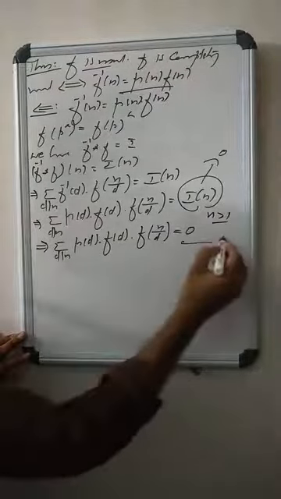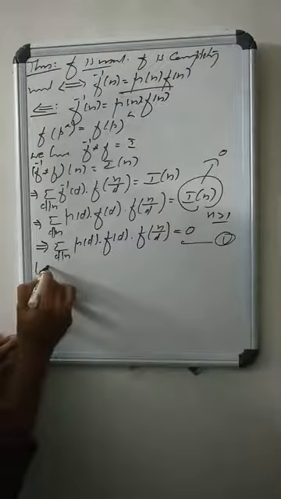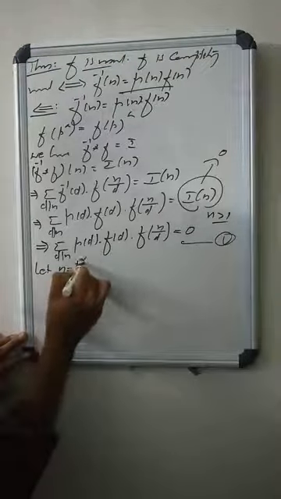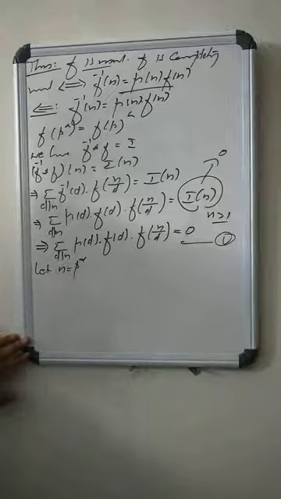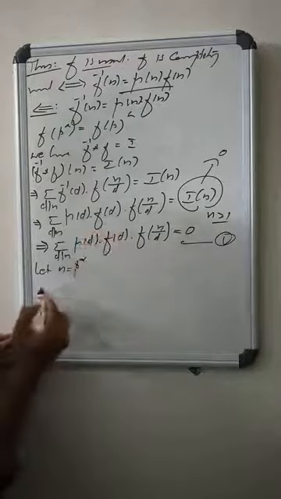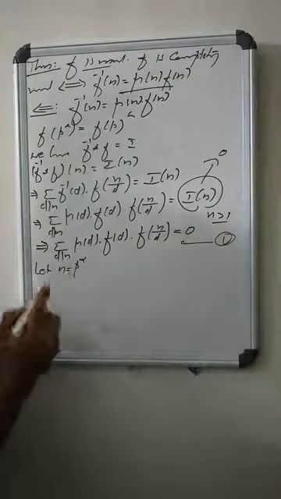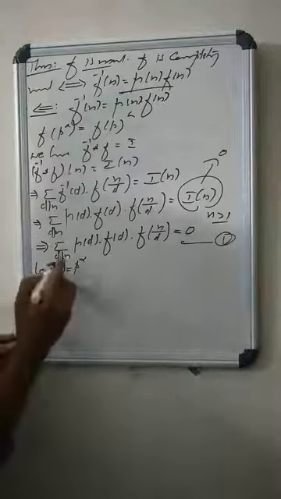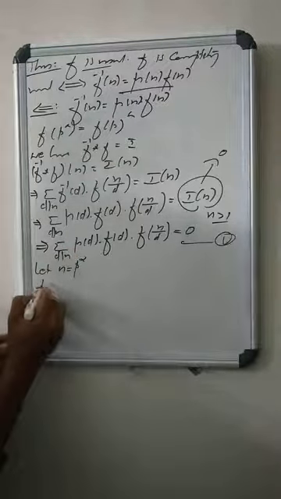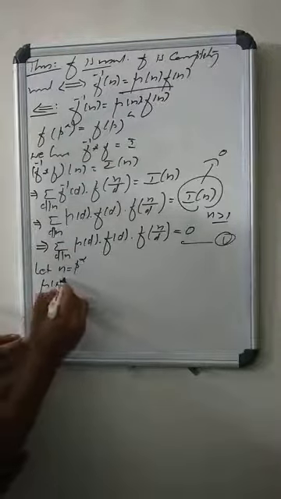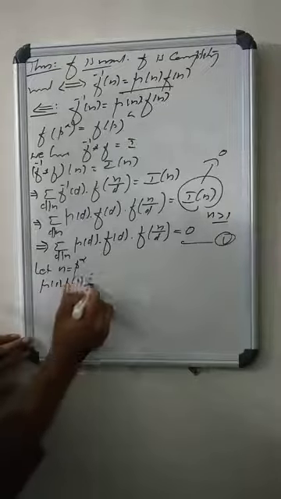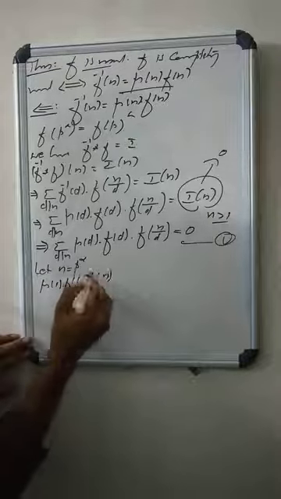Mark this one. Let n equal p power alpha. What does this equation reduce to? When d is 1, we get mu of 1 into f of 1 into f of n by 1, which means f of n.